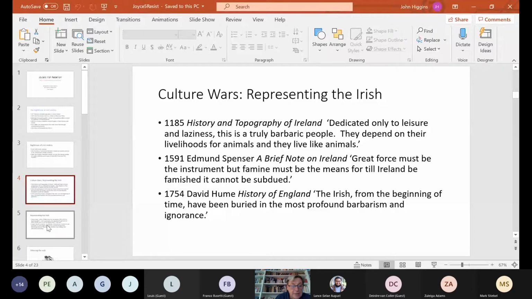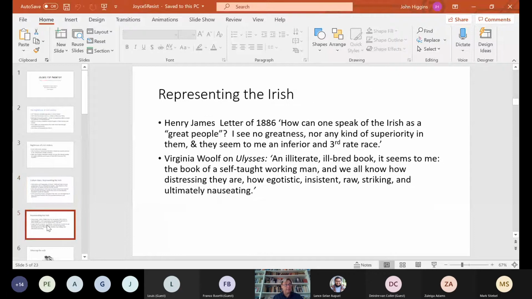So, not a very nice portrait or representation of the Irish, but one that continues over those hundreds of years and even gets sharper and sharper.